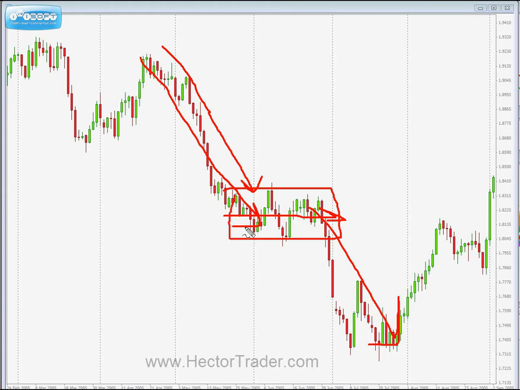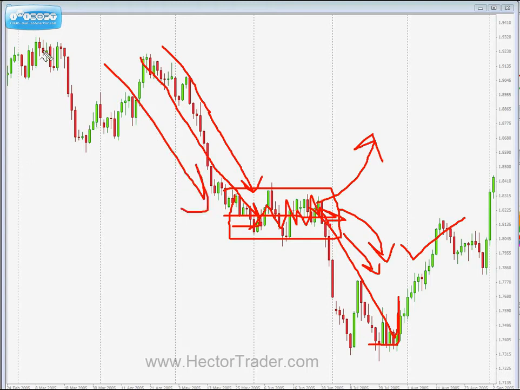The market needs to reassess the situation before breaking out in either direction. I would only take the ones that break in the direction of the overall market sentiment, which in this case is clearly down.